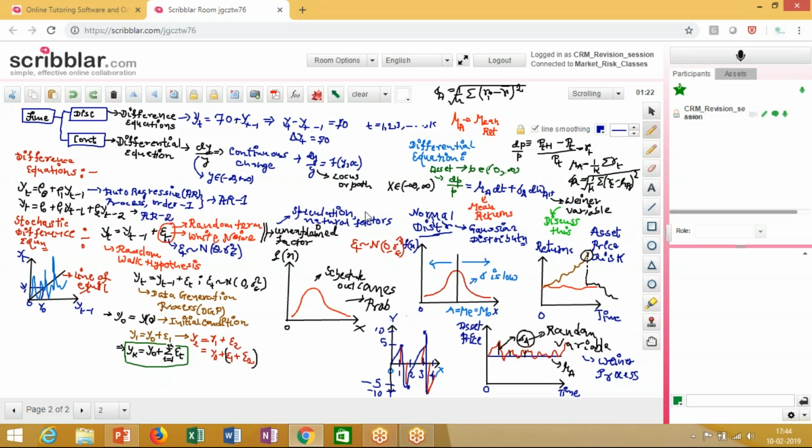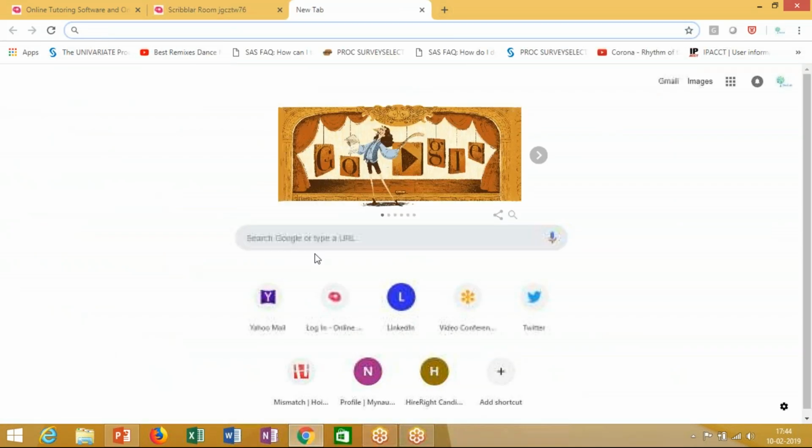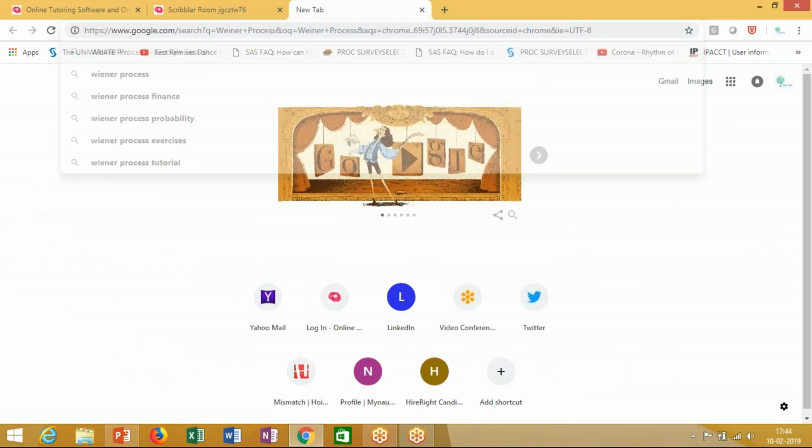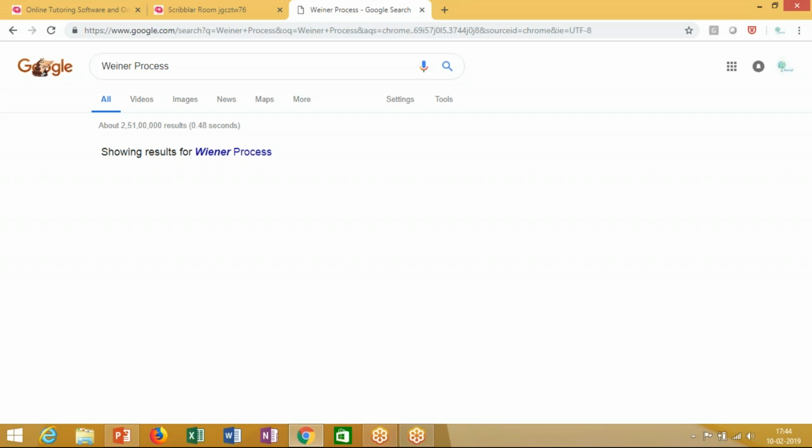Okay, fine. So, coming back to the part where we left it off. First of all, we were talking about the asset price movements, right? So let's start and let's see how these things work together.